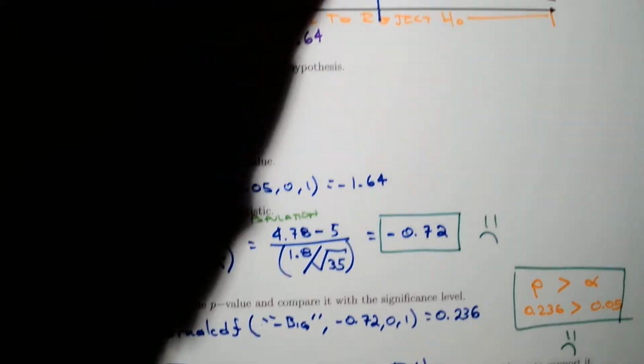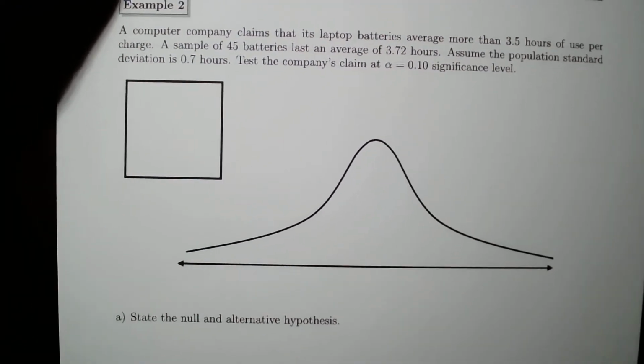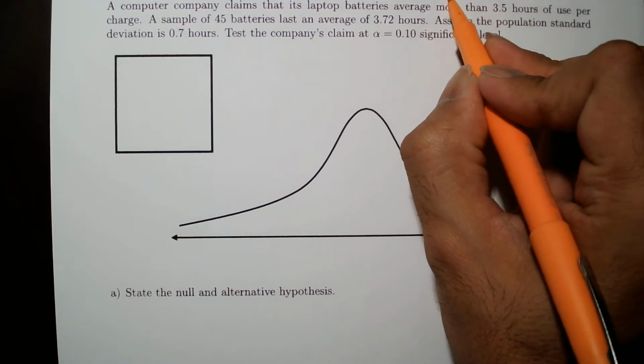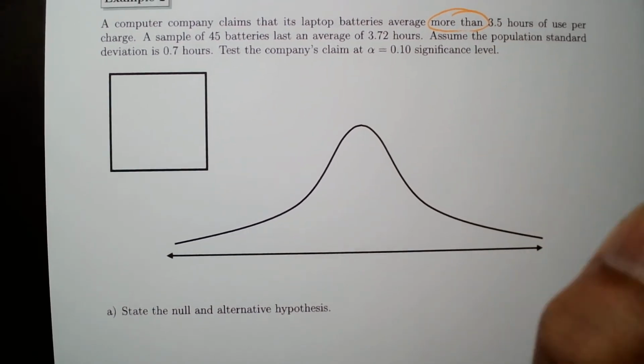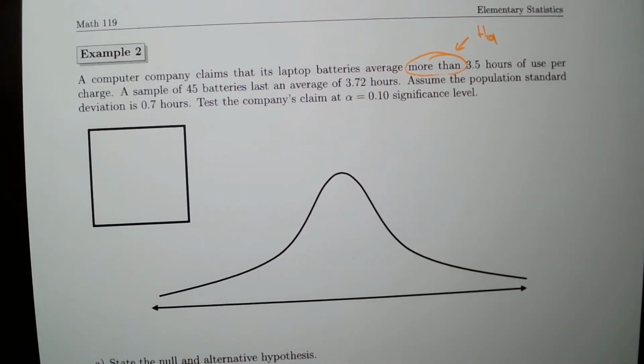All right, let's do another example. A company claims that its laptop batteries average more than 3.5 hours of use per charge. That's more than, not more than or equal, which tells us that's the alternative hypothesis.